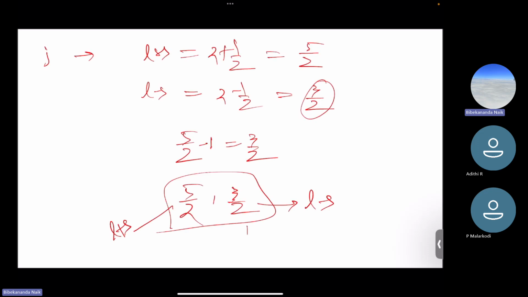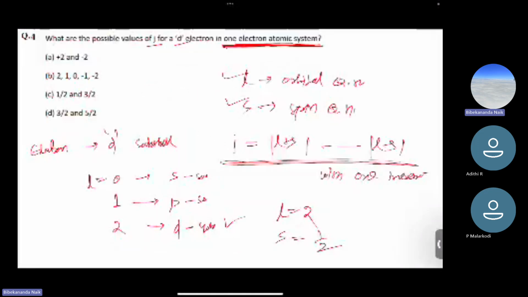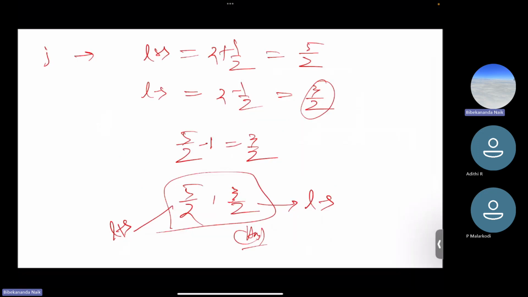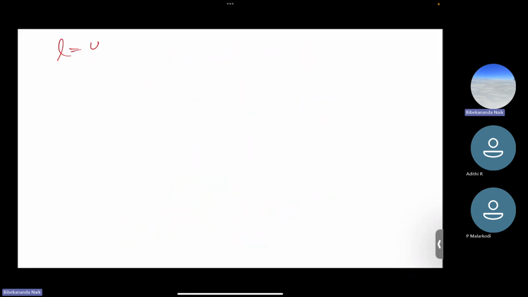Is this clear to you? The correct option will be option D, that is 3 by 2, 5 by 2. Is this clear? Yes, sir. I was talking about how we will find different values with increments. For example, L is 4, S is 1.